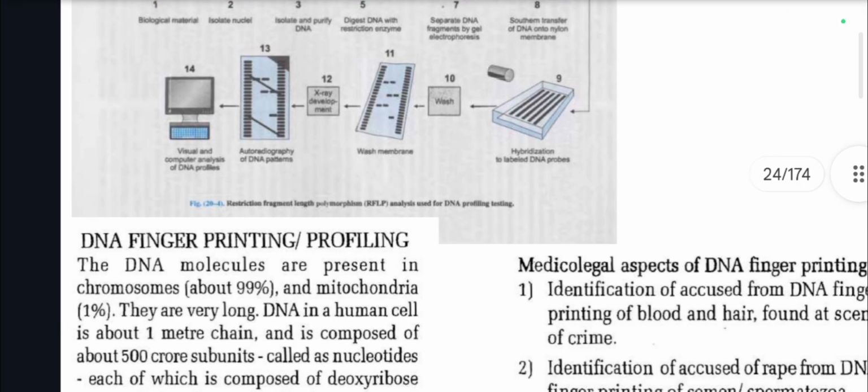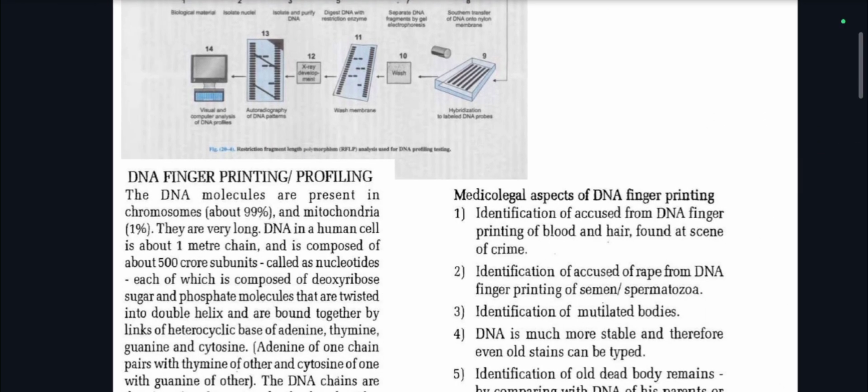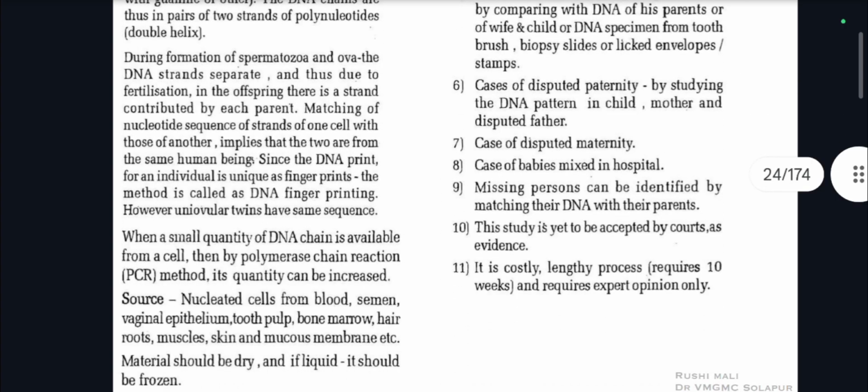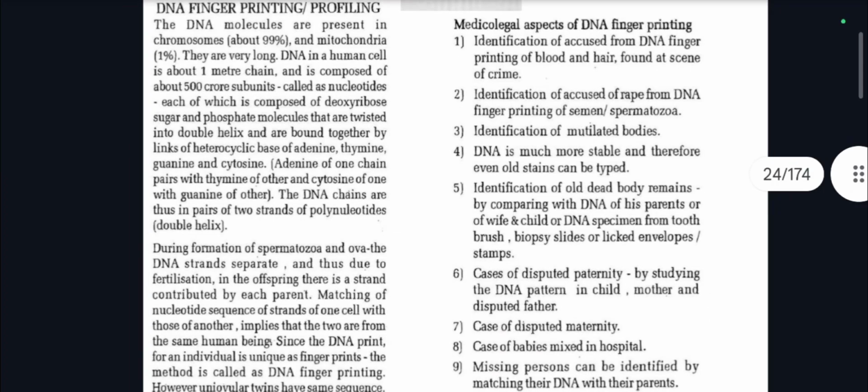In DNA fingerprinting, remember you just have to write the other name, which is DNA finger profiling also, and just describe the structure of the DNA molecule in brief and describe the bonds between the DNA strands: adenine, thymine and guanine and cytosine. Describe the source also, and the main thing is the medico-legal aspect.